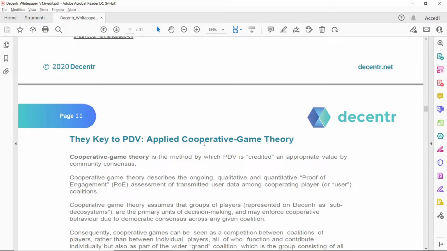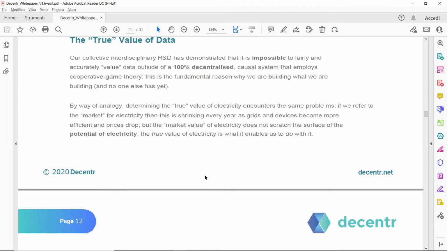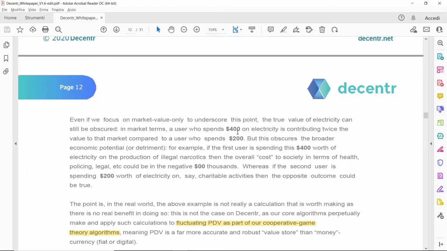In order to give value to our data, they decided to use an applied cooperative game theory, which they call PDV. And PDV is the value accredited by community consensus, which means they give the example of a person who spent $400 in electricity and another one who spent $200.